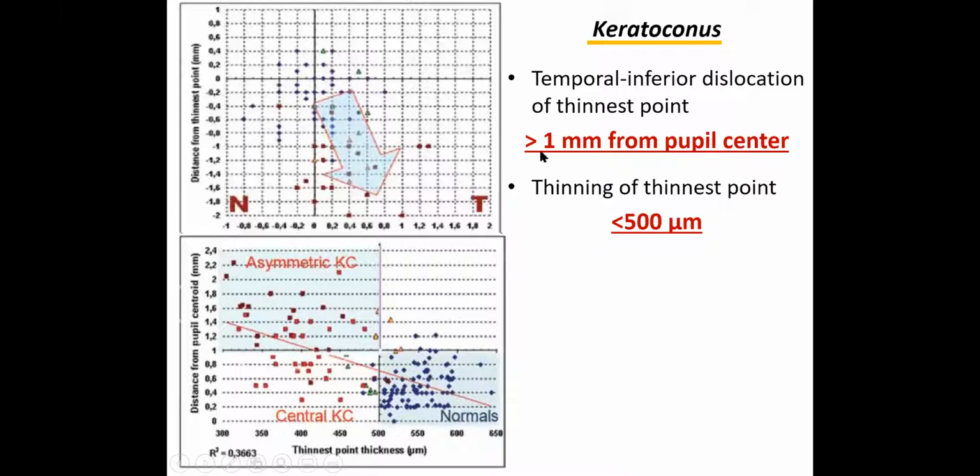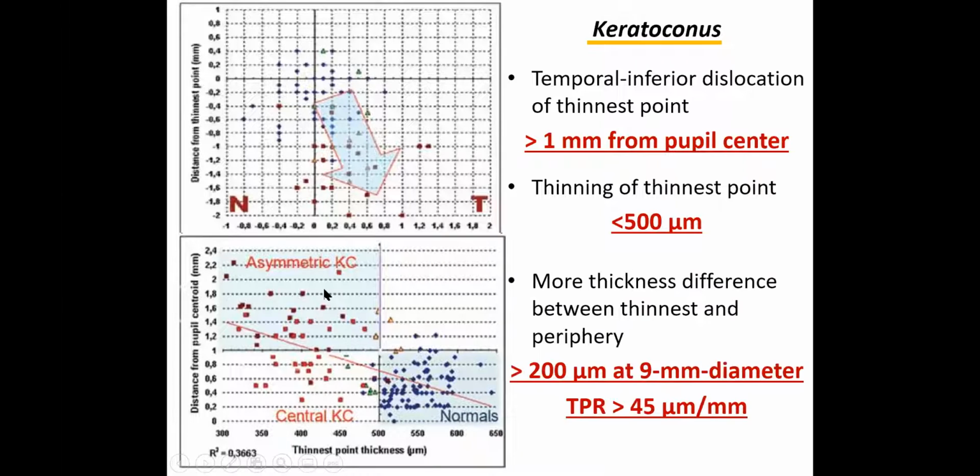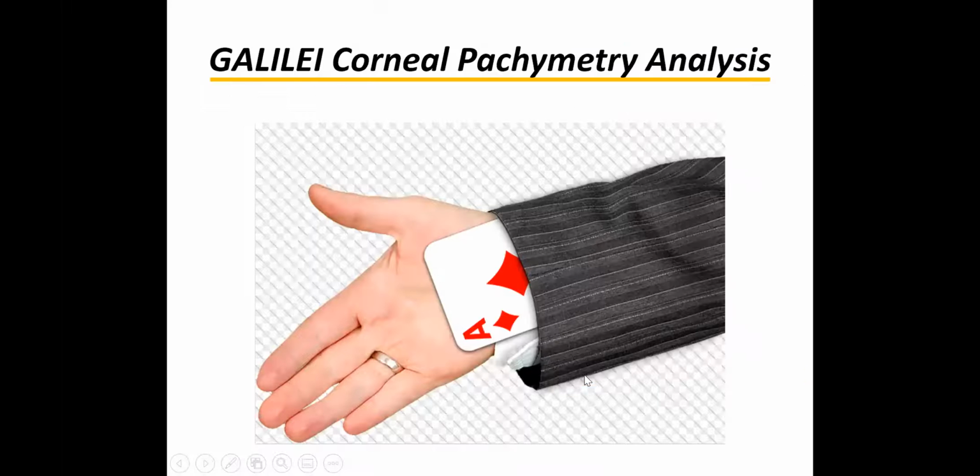So only these two parameters, 1 millimeter dislocation and less than 500 microns, already represent keratoconus cases. When we have more than 200 microns, this is confirmed.